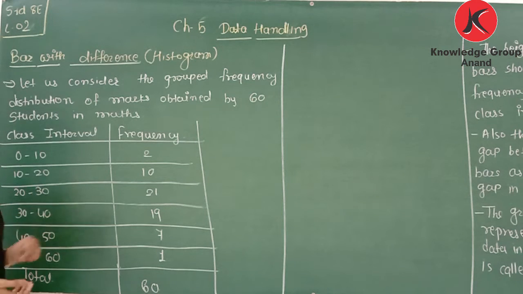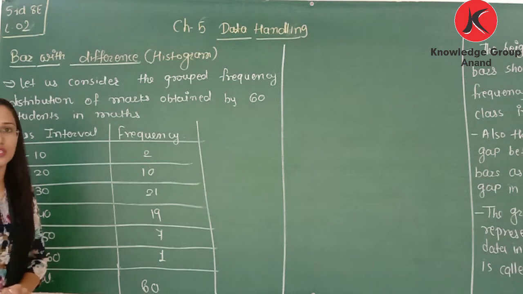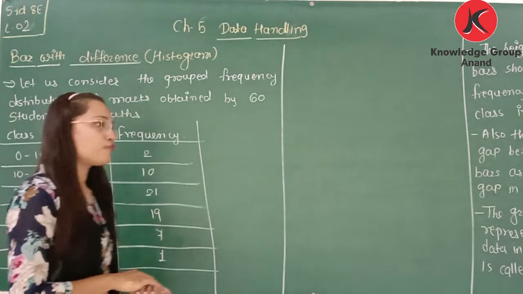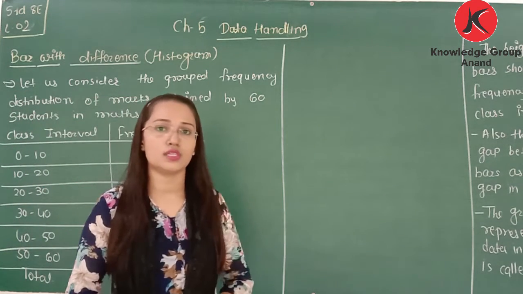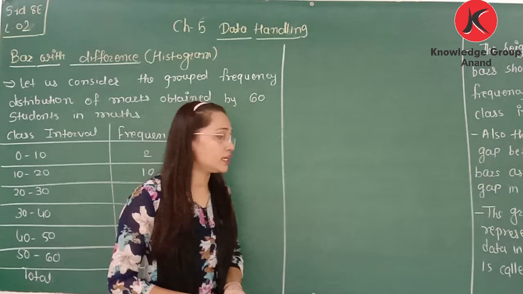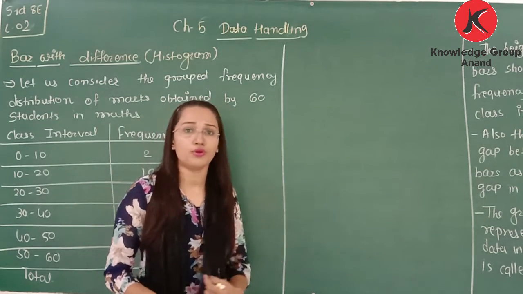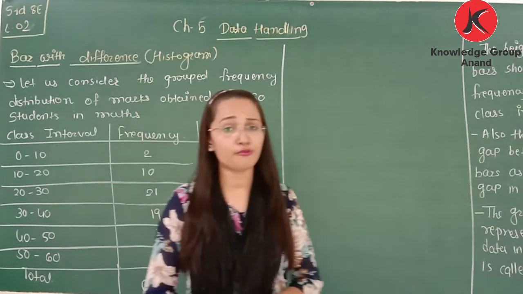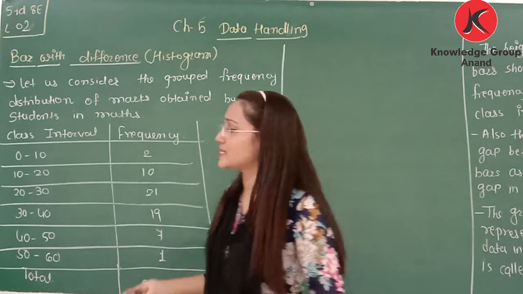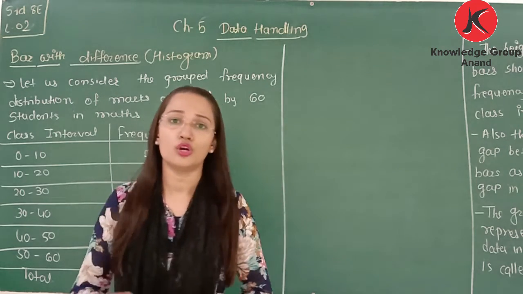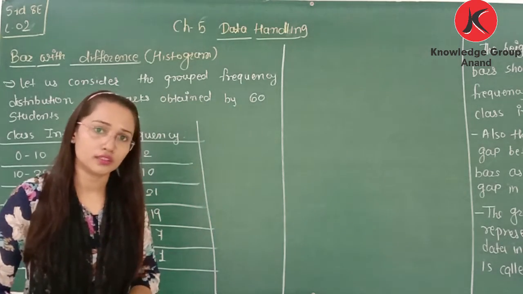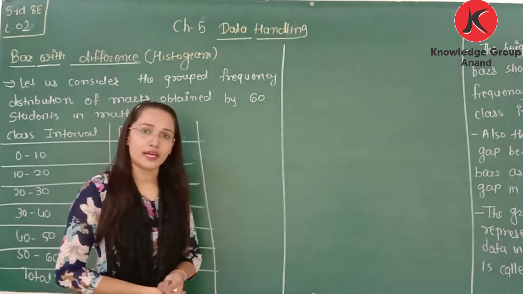Now we represent this in a graphical representation using a histogram. So for that again we need to use graph paper. Here you need to use graph paper for this example, and if you have the NCERT graph book and this example is given, then you can also draw the graph in the NCERT graph book.